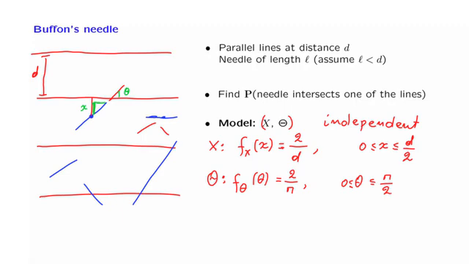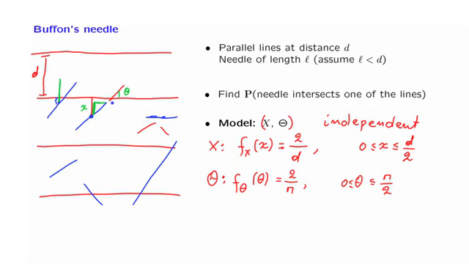In this example, the vertical extent of the needle is less than the distance from the next line, and we do not have an intersection. If the figure was something like this, the vertical extent of the needle would have been that, but x would have been just this little segment. The vertical extent is bigger than x, and the needle intersects the line.